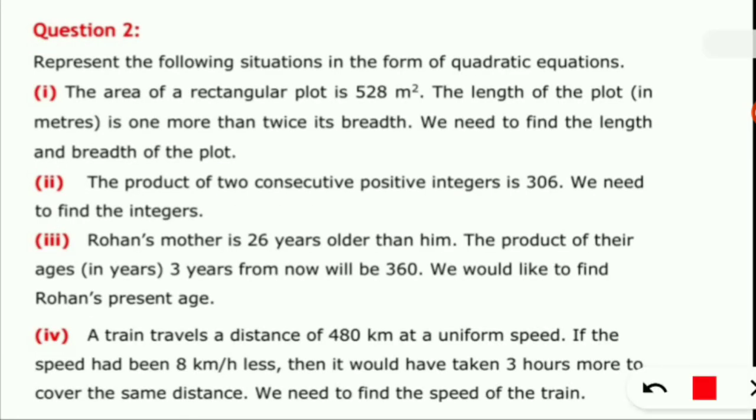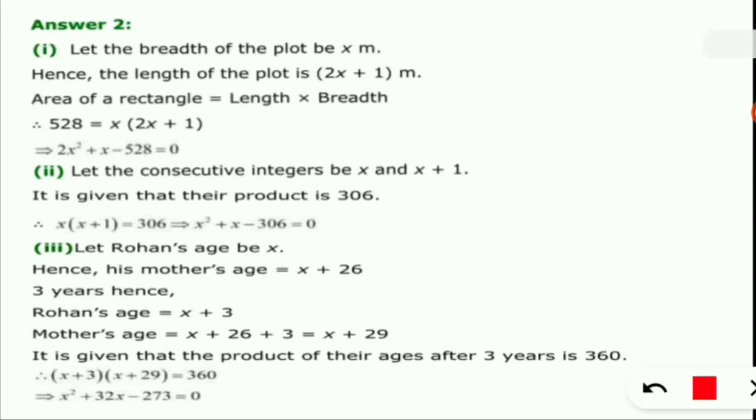Now students, in your questions we need to find the length and breadth of the plot. Next, we need to find the integers. Next, we would like to find Rohan's present age. Now your homework is: find the length and breadth from this quadratic equation using the middle term factor.